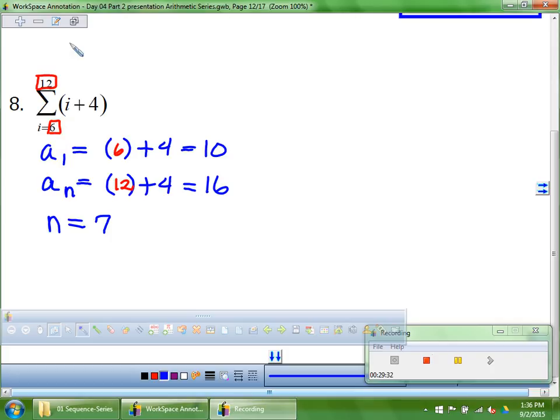I keep saying it, hoping people are going to get it. It makes complete sense to me in my head. 12 minus 6 is 6, but since I subtracted the first one, I'm going to add it. Why would you do that?